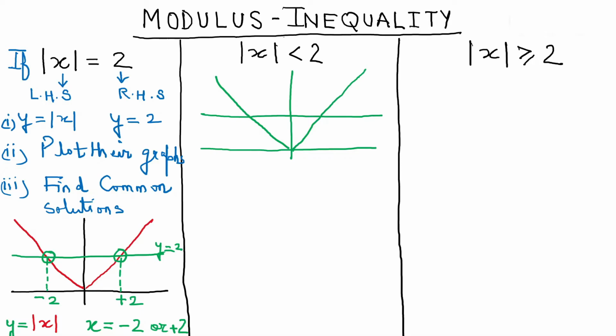So let me shade the region. You will see that we have taken the constant function on one side, which is 2, and the function involving variables on the other side, which is modulus of x.